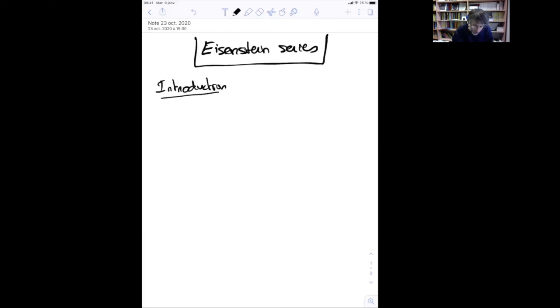This Eisenstein series, as I already said in my last two lectures, will be associated to the differential forms phi and psi that we have already considered. But now I will restrict this form to the symmetric spaces associated to SL_n(R).